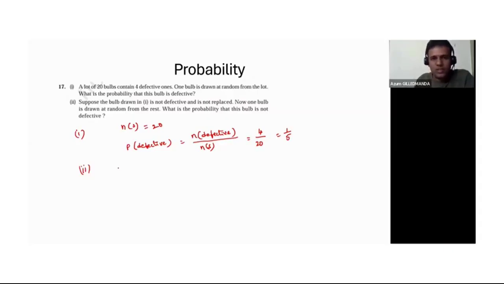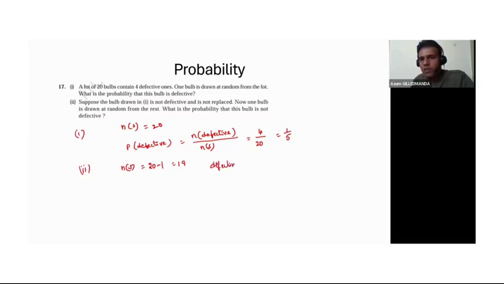So that means in the second scenario, N of S becomes 19, right? Total sample space, because that one bulb was drawn and kept aside. That means the total number of bulbs in the lot becomes 19. Okay, out of 19, how many defective are still there? There are still, sorry, 4 are defective.